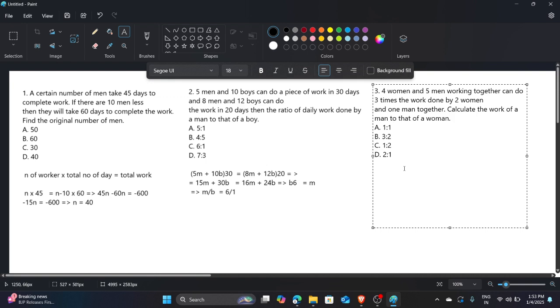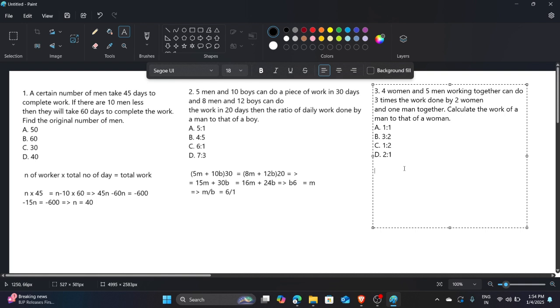4 women and 5 men working together can do 3 times the work done by 2 women and 1 man together. Calculate the work of the man to that of the woman. This is also simple.